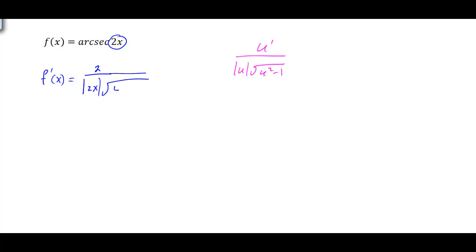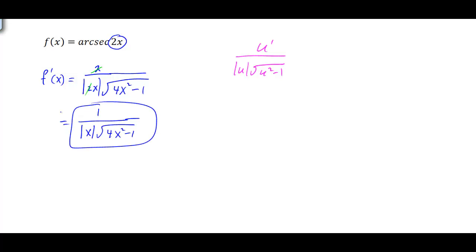So 2 squared is 4, and then we have x squared minus 1. And from here we can simplify this a little bit. We have a 2 on top and a 2 on the bottom that would cancel out. So we could write this as 1 over the absolute value of x multiplied by the square root of 4x squared minus 1. And there we have our derivative of our arc secant.